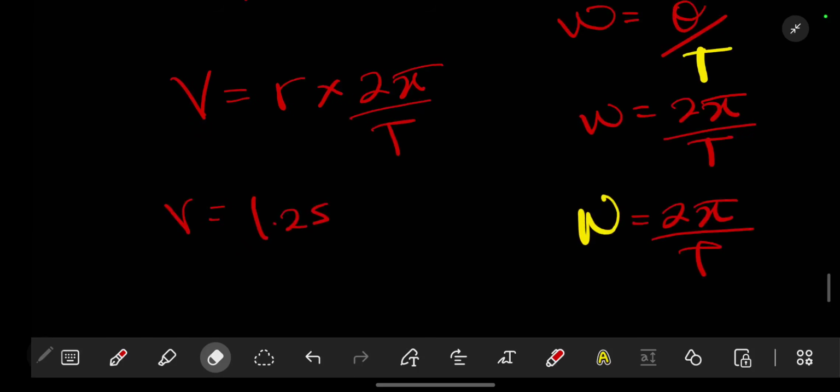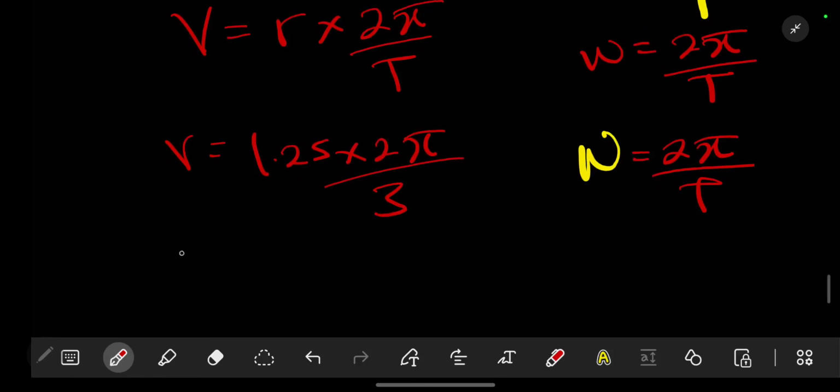So after doing this, we are going to say 1.25 times 2 pi over the period. We are told that it's 3 seconds, and the period should be in seconds, so we have 1.25 times 2 pi. This gives us a value of 7.85 over 3.